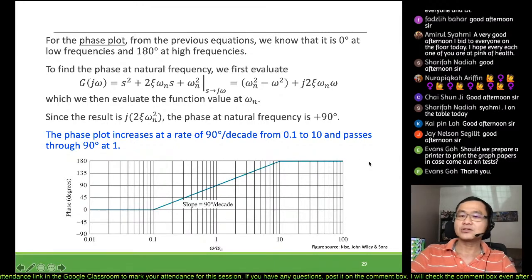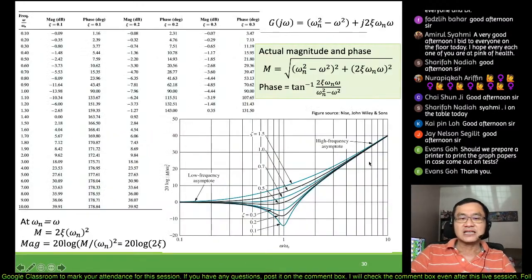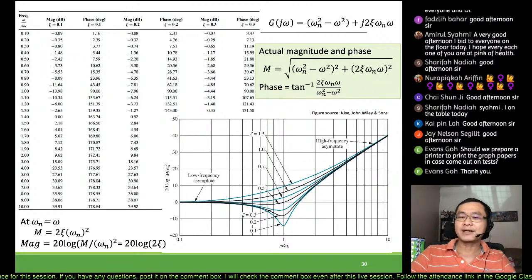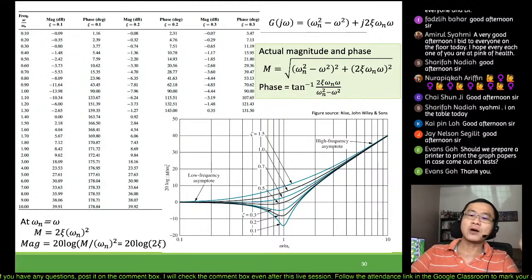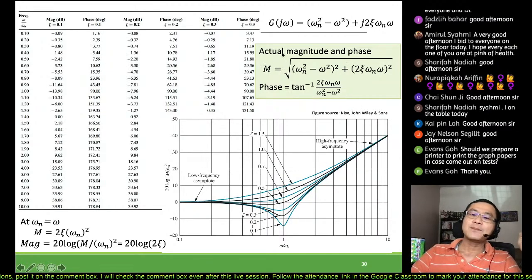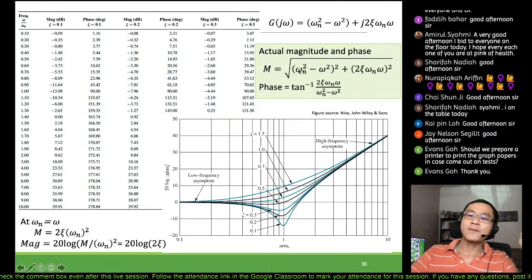Okay, very straightforward. But then in actual, it is much more complicated, where it depends on various parameters like omega n, omega, and damping ratio, which you can actually calculate the actual magnitude and the phase.